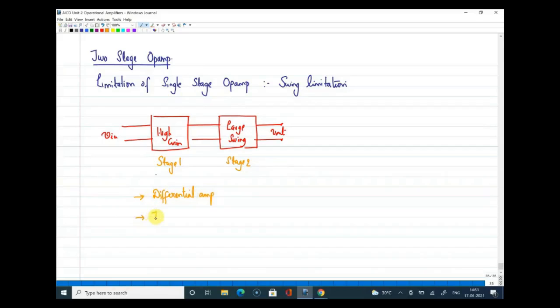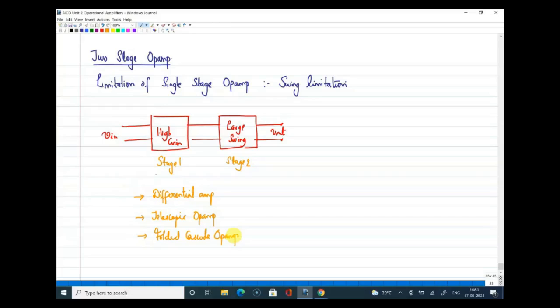Then we have the first architecture we learned, which is the telescopic op-amp. And then we also have the folded cascode op-amp. So these are the three options for the first stage, which can provide a large gain: a differential amplifier, a telescopic op-amp, or a folded cascode op-amp.